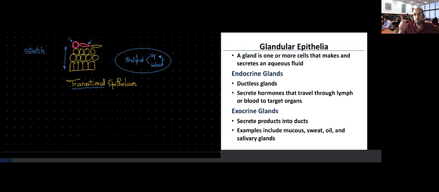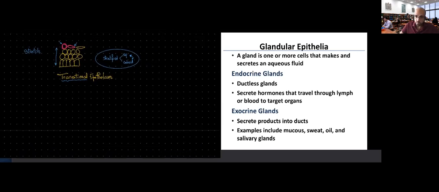Yeah. So most of you did answer the most common wrong answer, which is uterus. Transitional epithelium is not located in the uterus, is not lining the uterus.